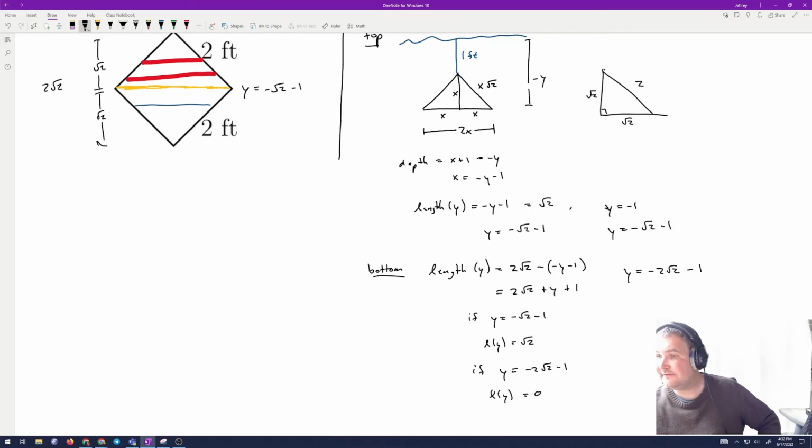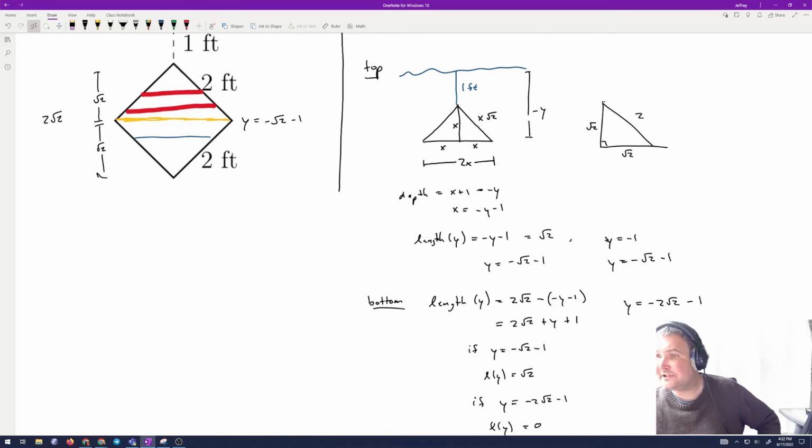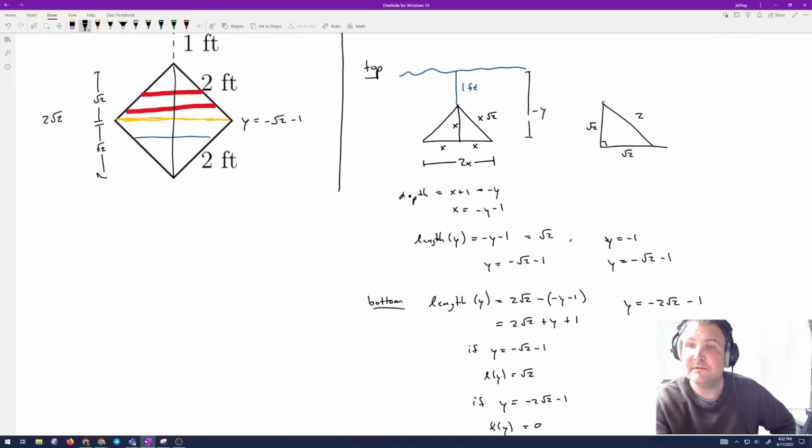Okay, so our function works, but the length as we've described it is half the amount that we wanted. So far, when I've set up the length, this is root 2, right? But we want the length to go all the way across, square root 2.